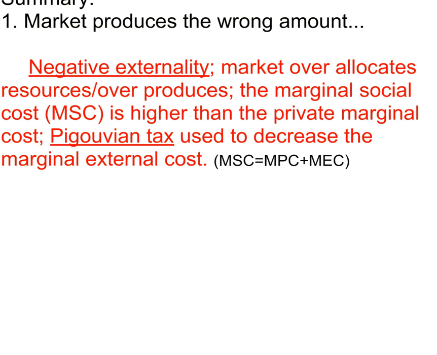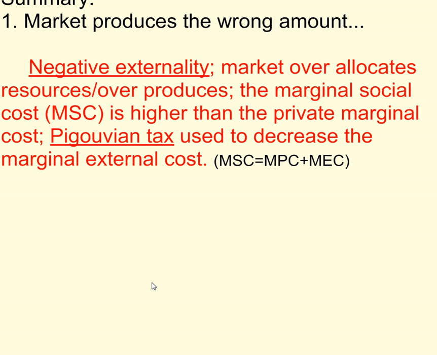So if we summarize, then negative externalities cause the private market to over-allocate and overproduce cigars or anything else that might have costs not captured by the people involved in the transaction for those cigars. So in this case, the marginal social cost is higher than the private marginal cost.